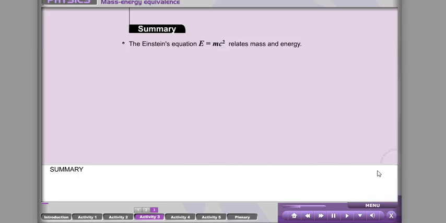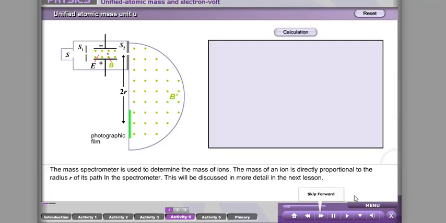The Einstein's equation E equals mc squared relates mass and energy. The mass spectrometer is used to determine the mass of ions. The mass of an ion is directly proportional to the radius r of its path in the spectrometer. This will be discussed in more detail in the next lesson.